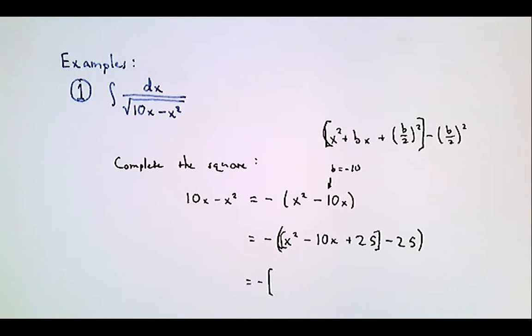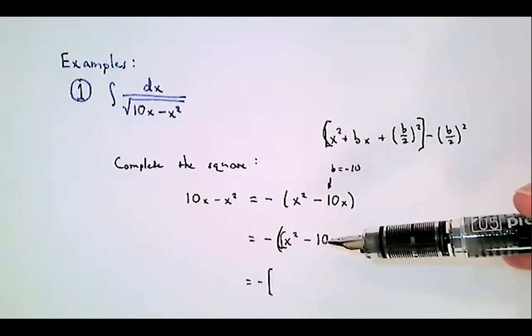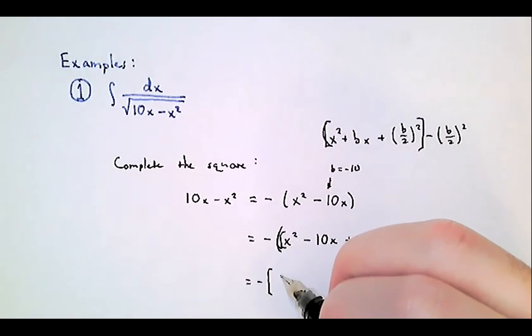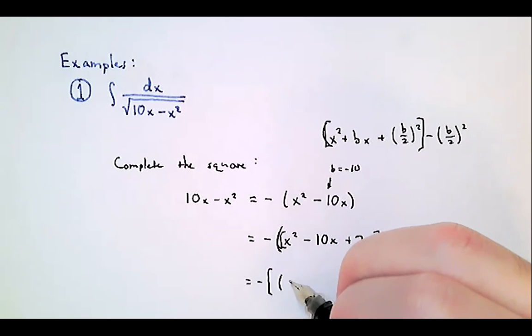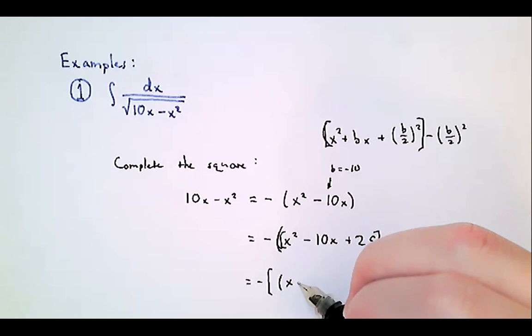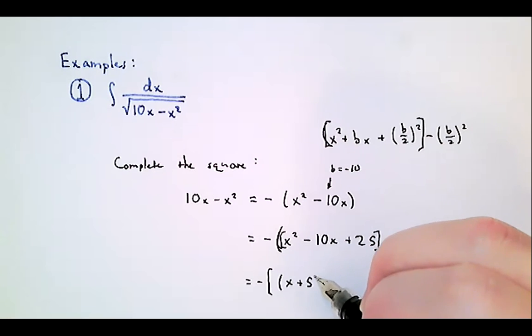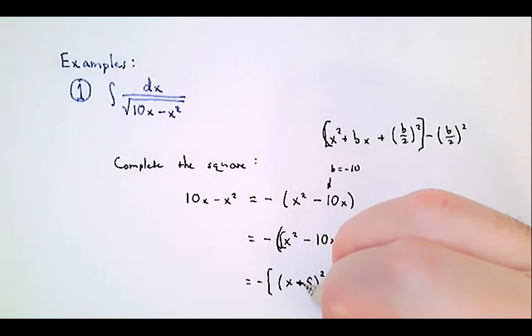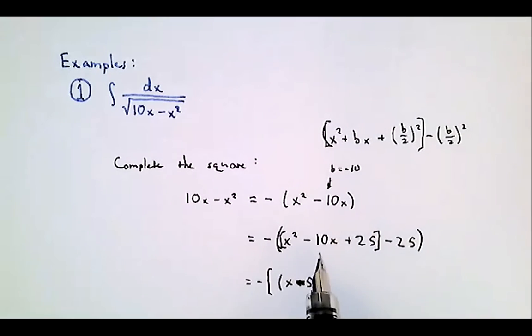X plus or minus 5? It's a perfect square, so they'll be the same. Oh, negative 5. Yeah, well, minus 5 would be the solution if you set it equal to 0. But we're just factoring at the moment. So x plus 5 squared. Oh, excuse me. Minus, of course, since there's a minus sign here.